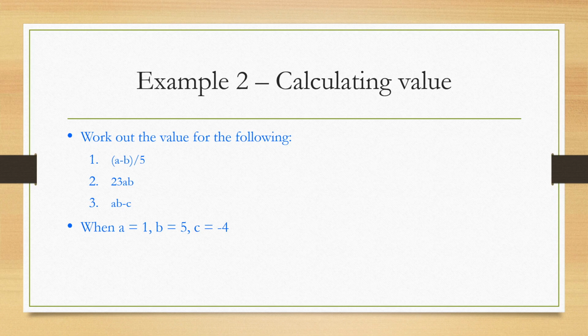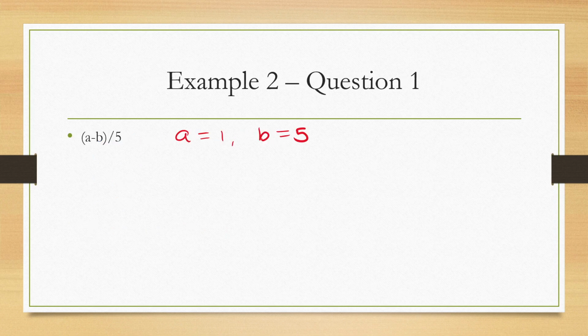So now we're just going to go through what these values will be. Example 2, question 1. Question 1 is bracket a minus b, bracket close, then divide by 5. First thing, what I like to do is write down the question again underneath it.